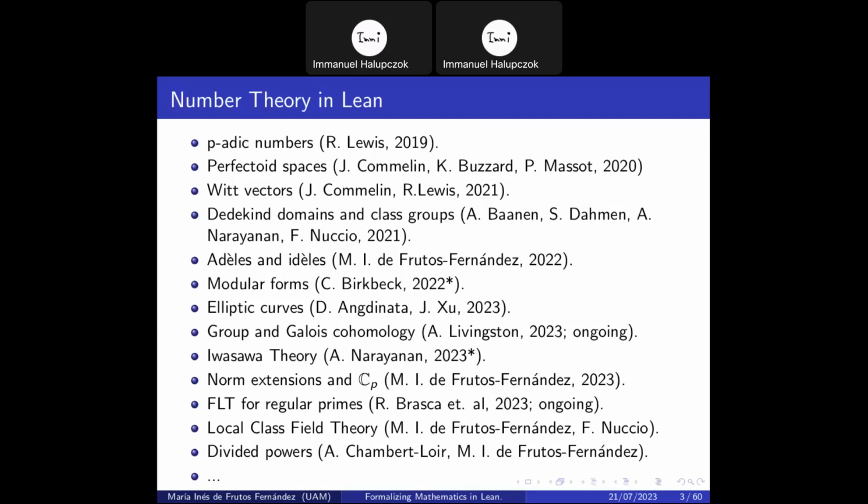For local class field theory, do you want to use group homology or anything else? Do you mean for global class field theory or? So for local class field theory, we want to formalize the cohomological proof of it, because I think Galois cohomology is not there yet, but it's close, I think.